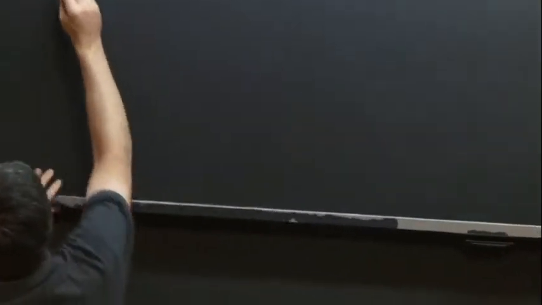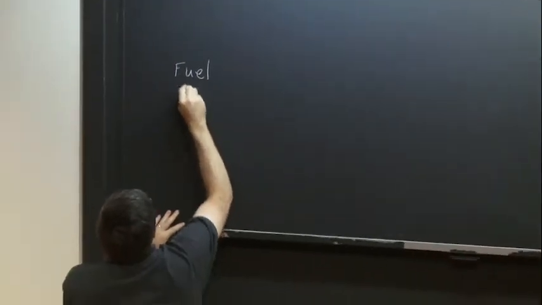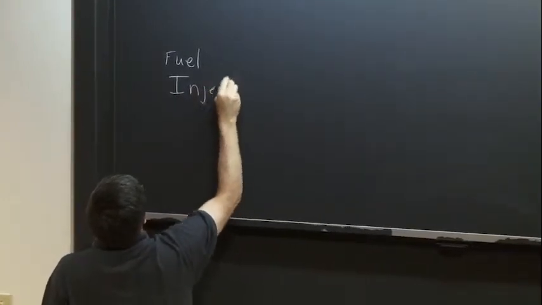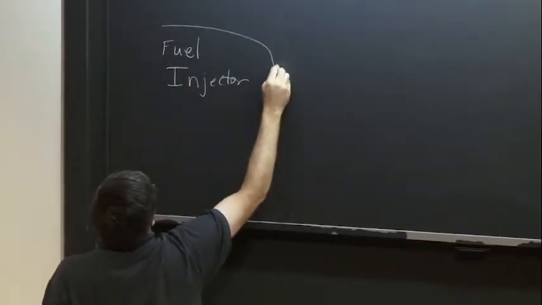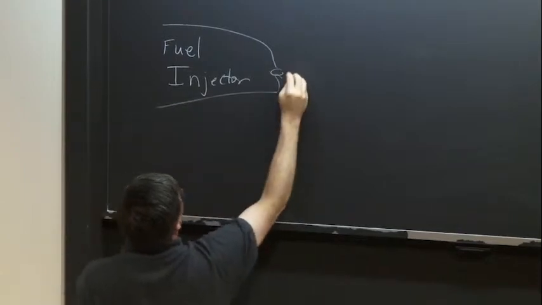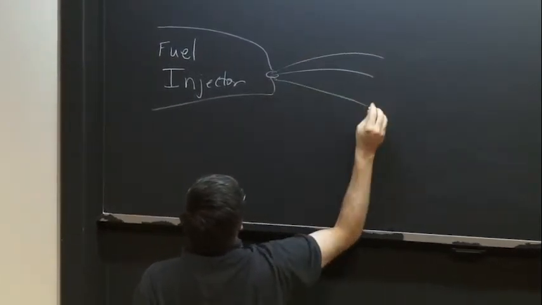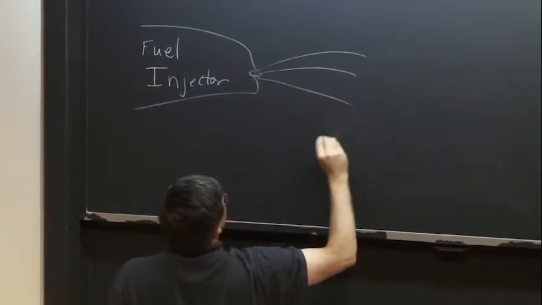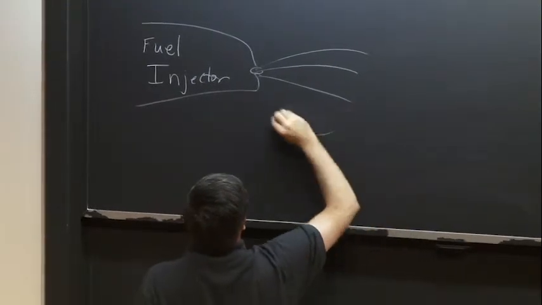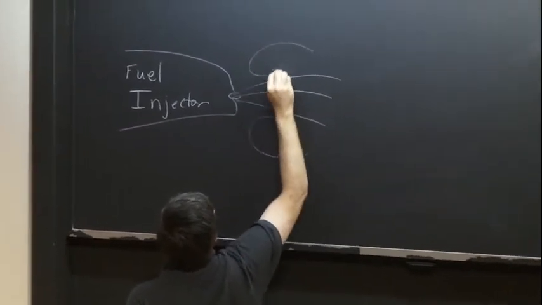All right. So a common kind of combustion geometry is you'll have a fuel injector, and it's squirting out fuel, and maybe this is entraining some air, possibly.